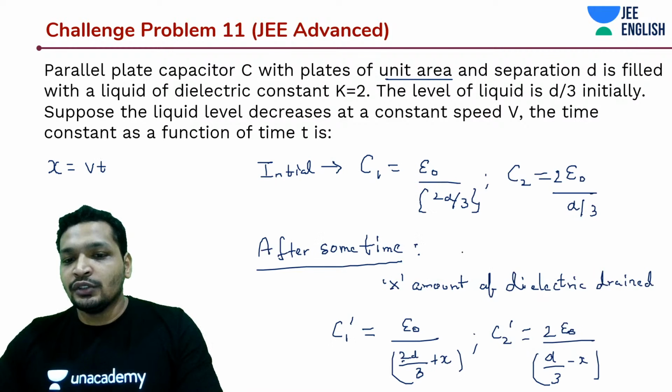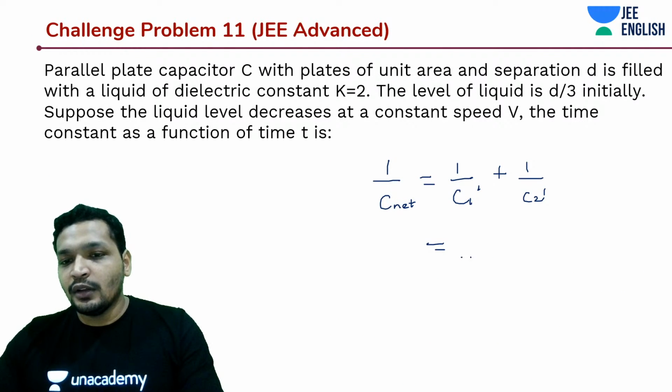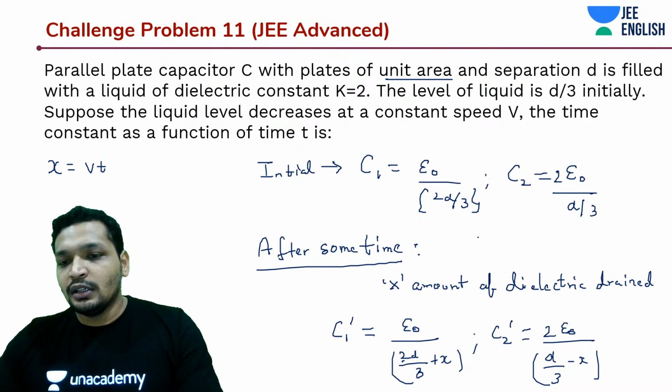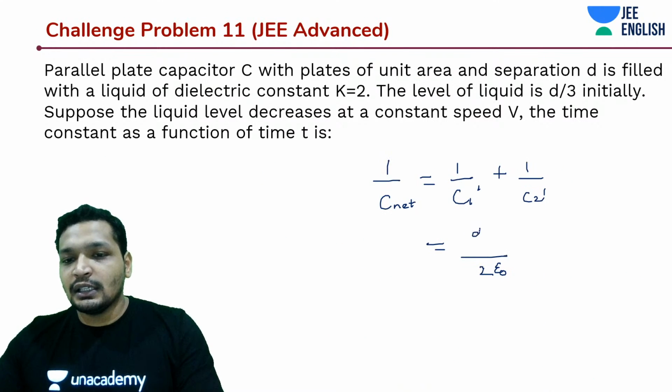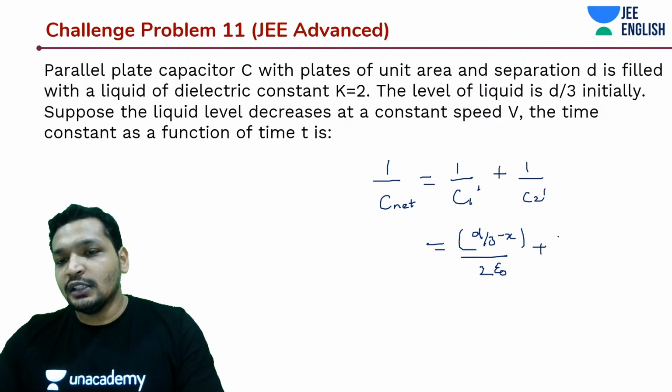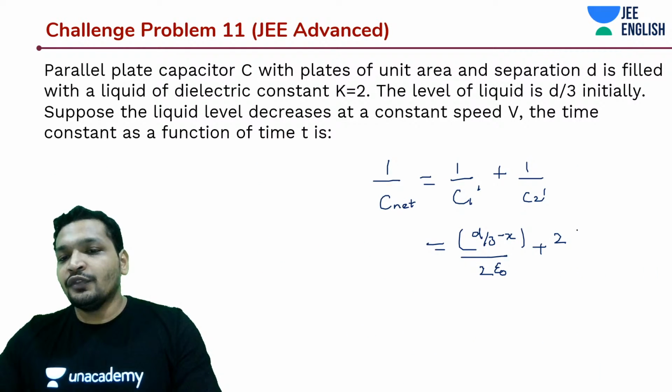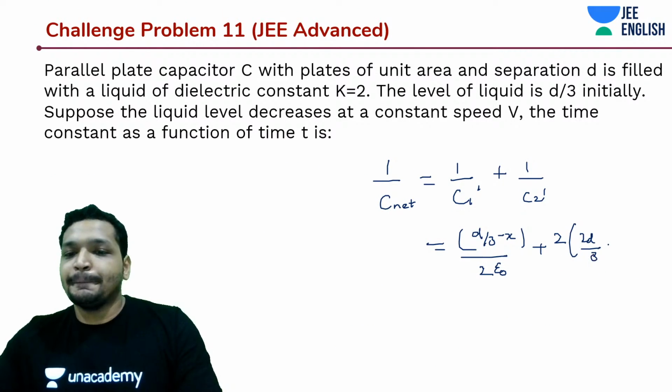Sorry. So this is nothing but 2 epsilon naught d by 3 minus x, and this would be 2 into, yeah, we need not have complicated things. Really brilliant.